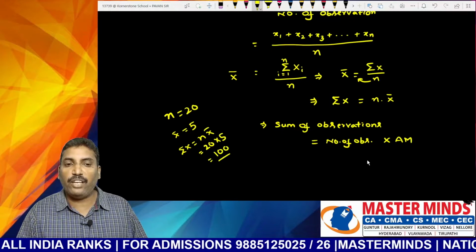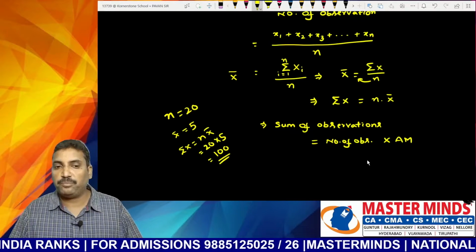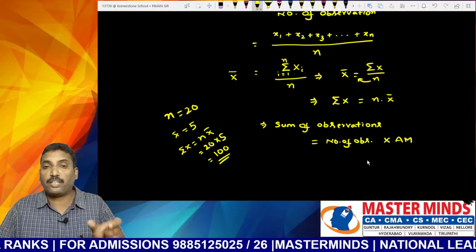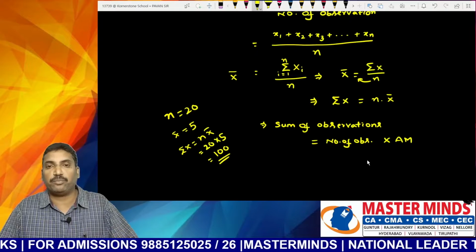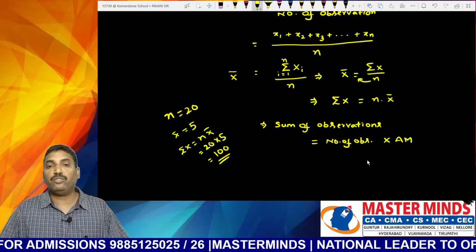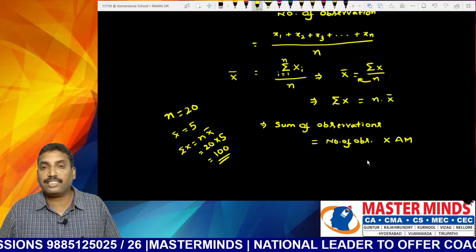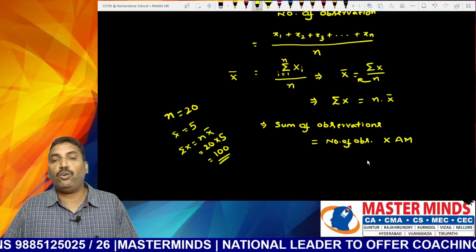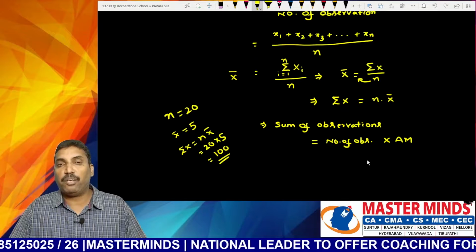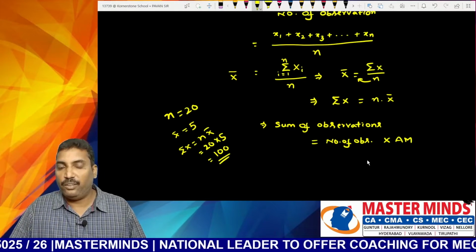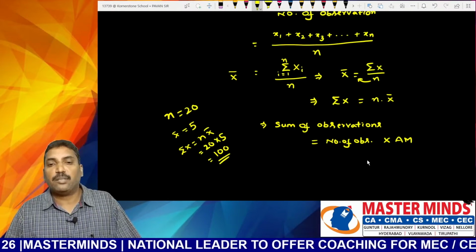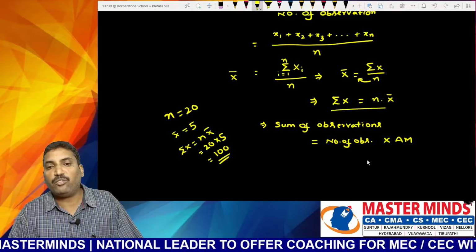I don't know the values of these 20 observations, but I can say what the sum of those 20 observations is. Without knowing the values, I am saying what their sum is. This is possible only when you have the number of observations and the mean. So we can find the sum of observations if we have the values of n and x bar.